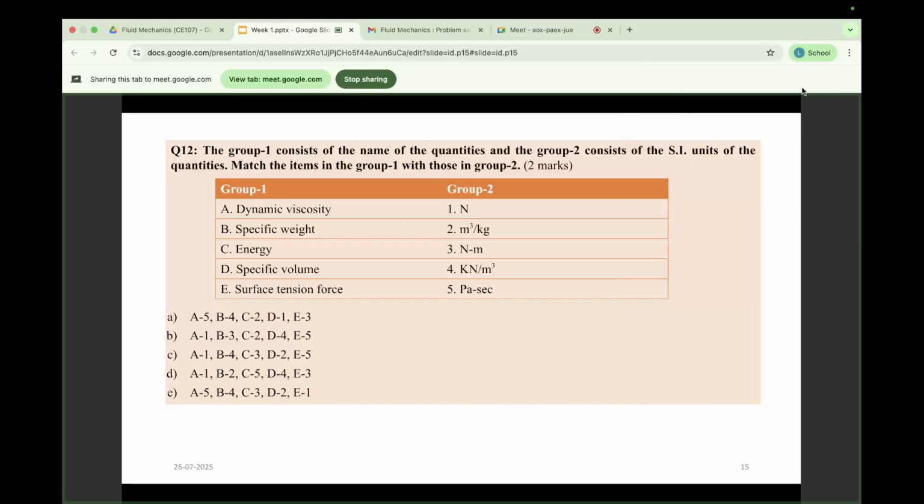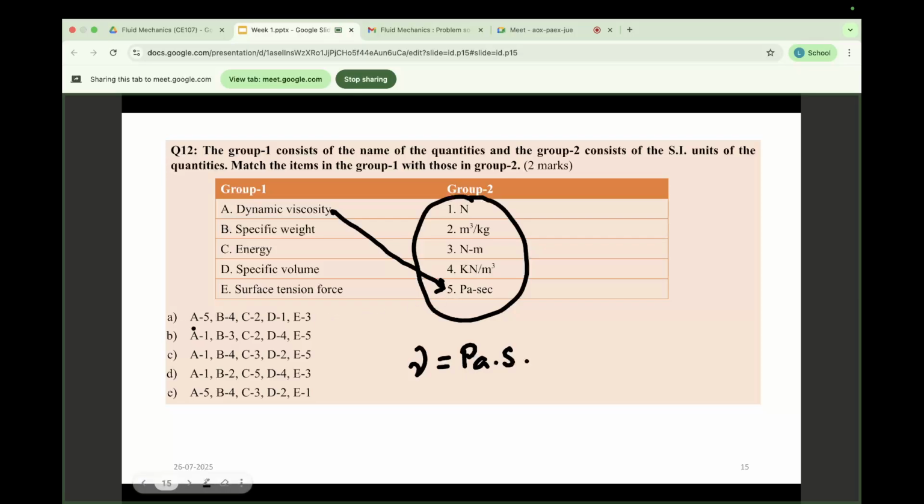If you see here, all these are in SI unit, right? So the first is the dynamic viscosity. Dynamic viscosity, I have already derived this thing earlier. This is Pascal second. Okay. So already option A is for this. So see, only we are getting option A and E. So the rest 3 are not the answer.